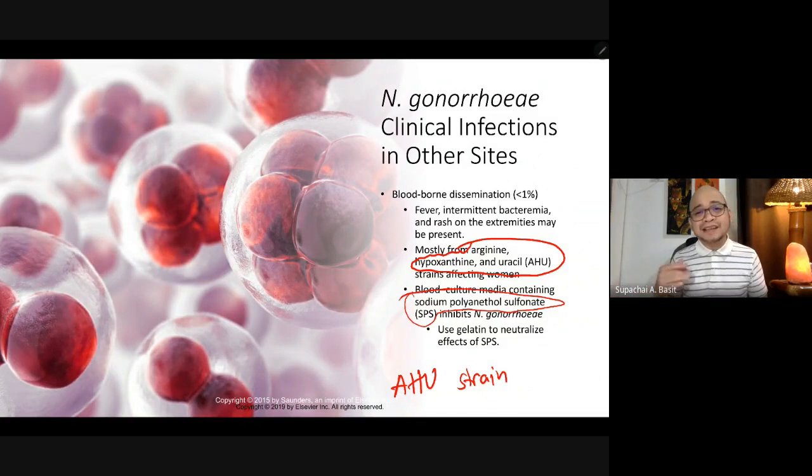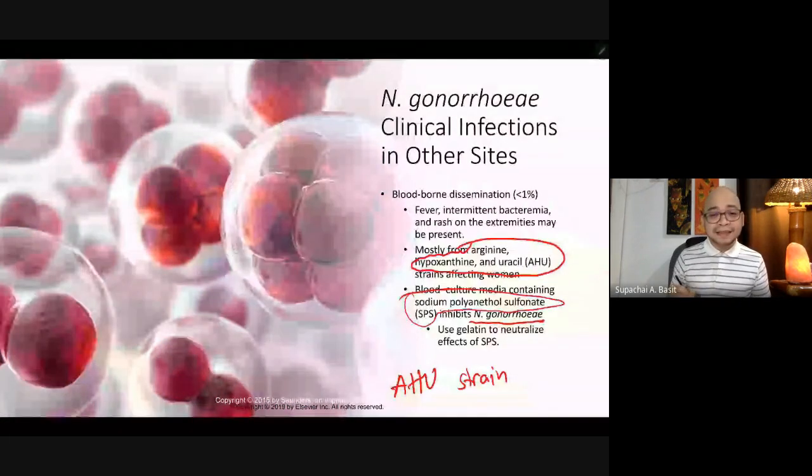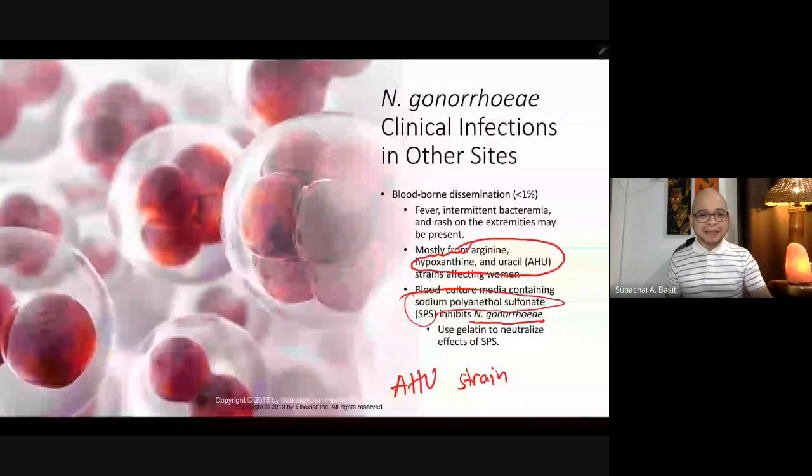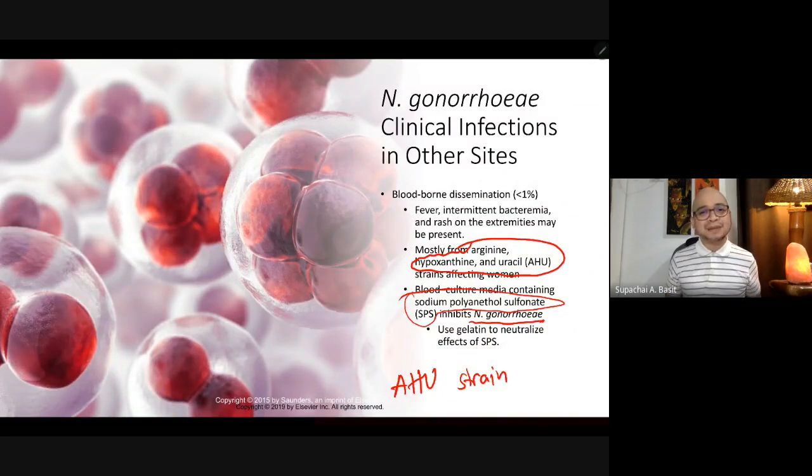However, in cases of suspicion of gonorrhea, we should not use SPS because SPS will inhibit Neisseria gonorrhoeae. So instead, we use gelatin to neutralize the effect of SPS. So we use blood culture with SPS plus gelatin so that SPS will no longer inhibit the growth of Neisseria gonorrhoeae. I hope that's clear.